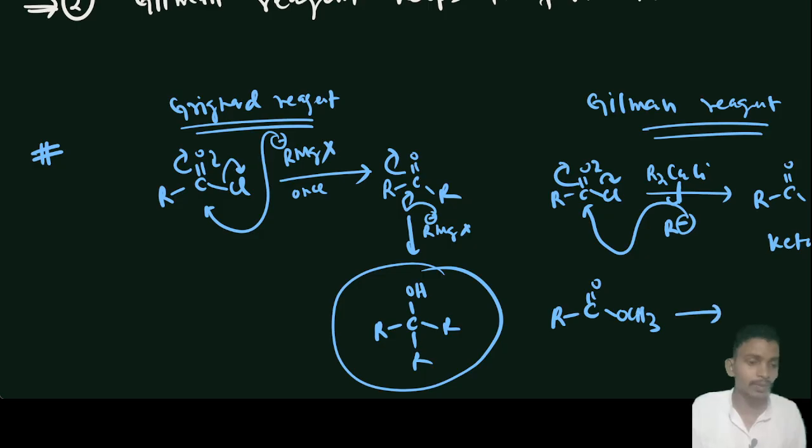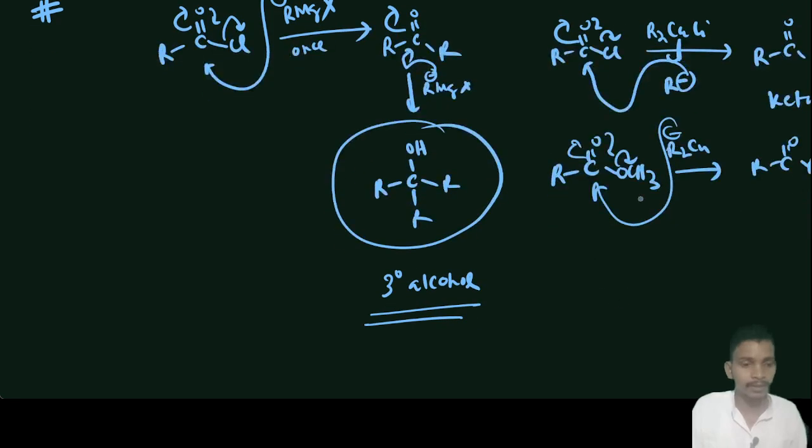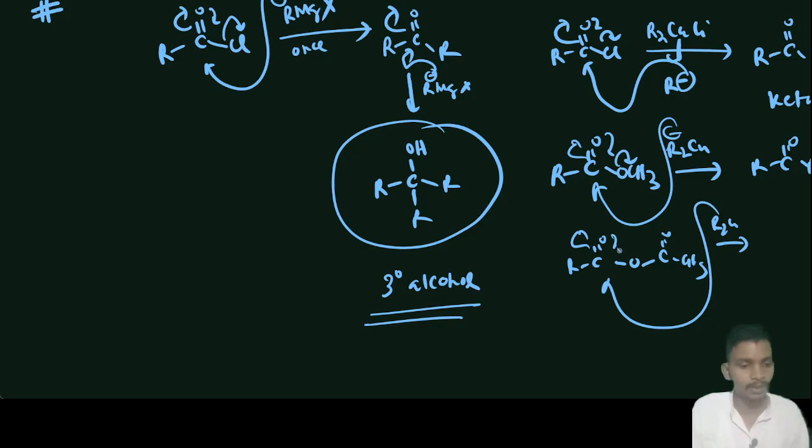If this is an acid chloride, or if it has OCOCH3, then this is a good leaving group. Here also, if we give R2CuLi, it can attack here, and this will leave, and we will get ketones. Similarly, if we have an anhydride, RCOOCOCH3, and we give R2CuLi, again it will attack here, and this will leave, and again we will get a ketone.